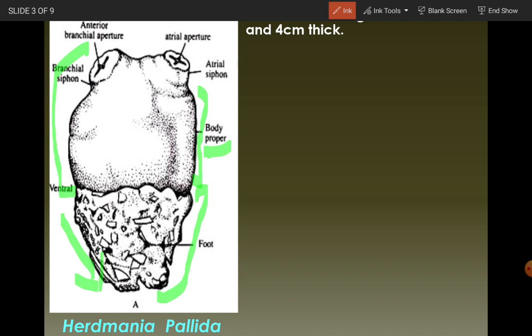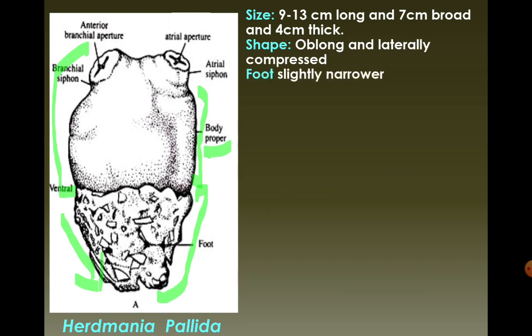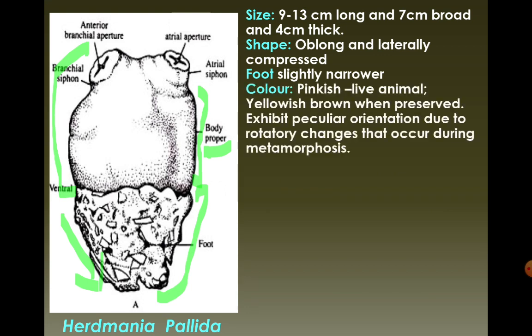The shape looks more like an oblong, and by size it is almost 9 to 13 centimeters long, 7 centimeters broad and 4 centimeters thick. It is an oblong structure and laterally compressed. The foot becomes slightly narrower when compared to the body proper.